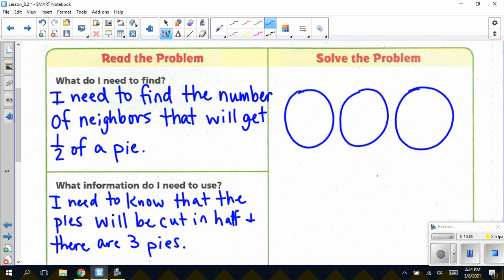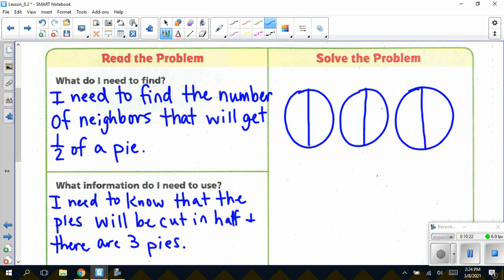And if you recall, it says that each neighbor will receive half of a pie, so I need to cut those pies in half. Now, obviously, I could just count the number of halves that I have, but eventually we will not have our picture diagram to help us solve.